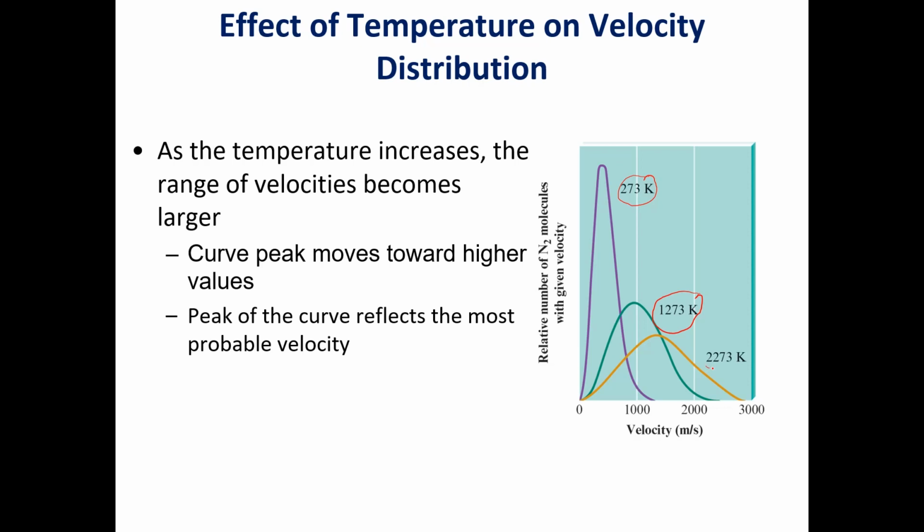And if we go up to over 2000 Kelvin, now we're spanning the whole graph, somewhere between 0 meters per second and 3000 meters per second. So we've nearly tripled the range of velocities from the original temperature here. So as we increase temperature, we increase the range of velocities.